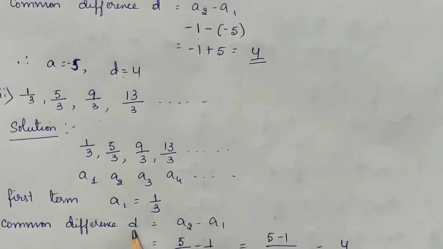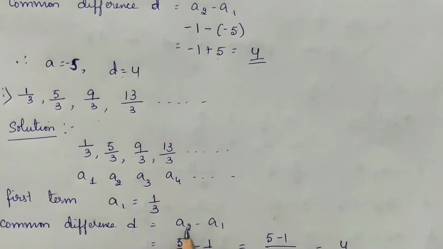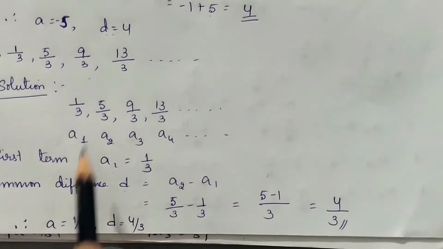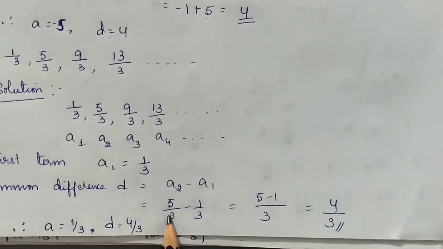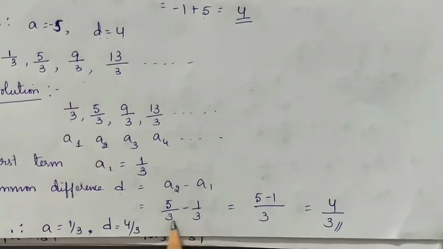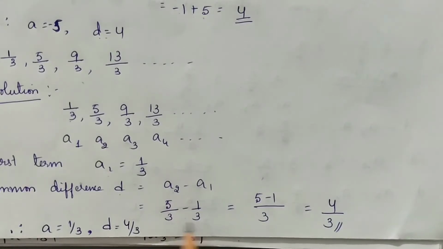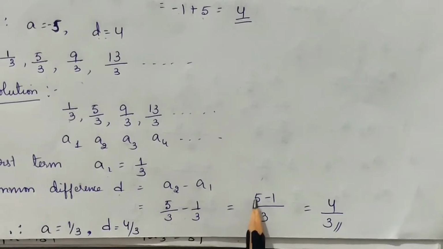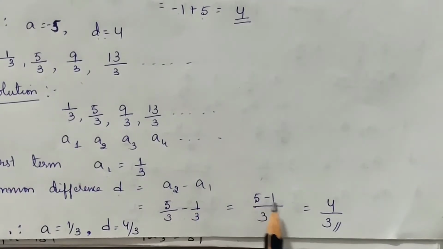The method of finding common difference is the same, that is A2 minus A1. Here A2 is the second term, that is 5 by 3, minus the first term, 1 by 3. Since the fractions have a common denominator, write the denominator and write the numerator as 5 minus 1.